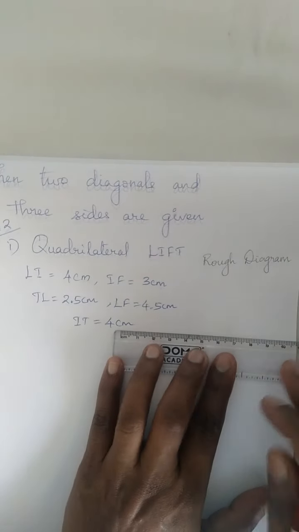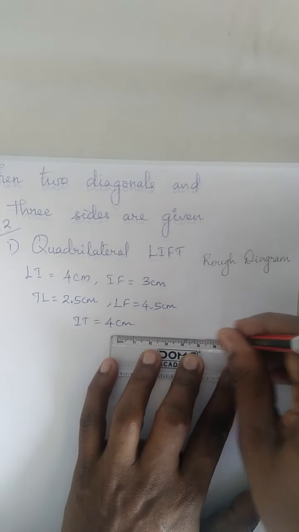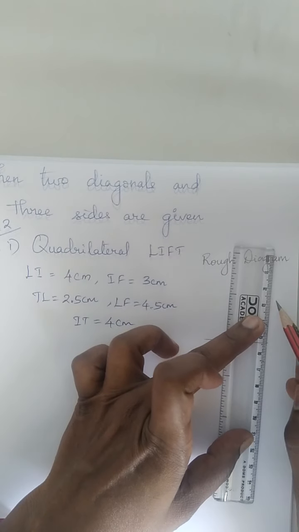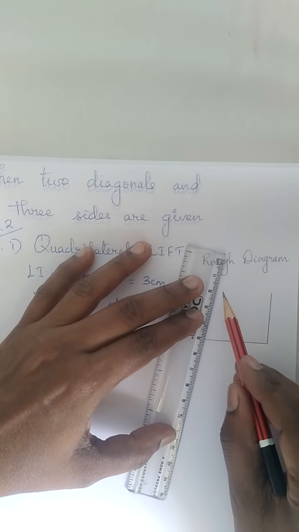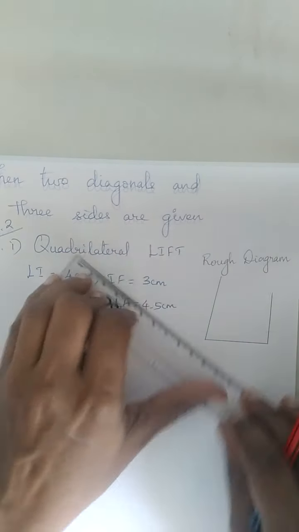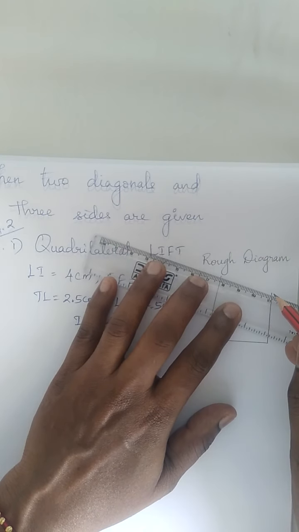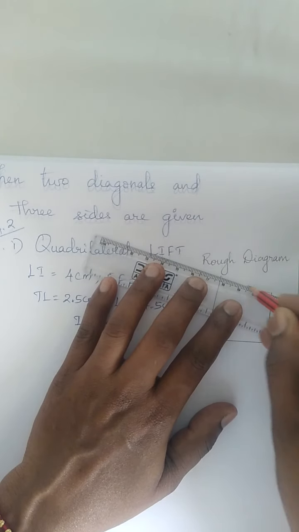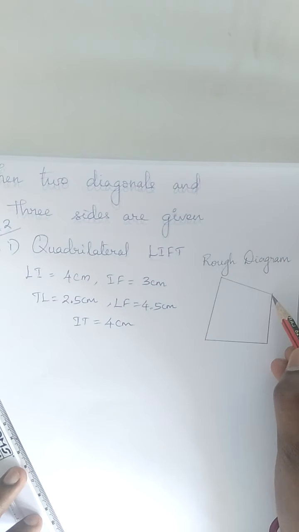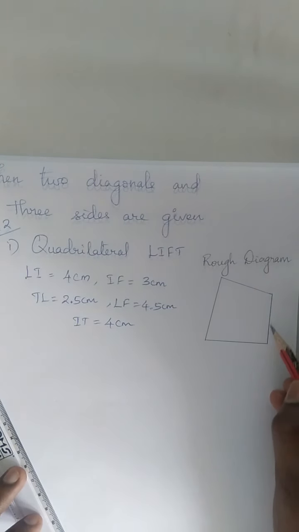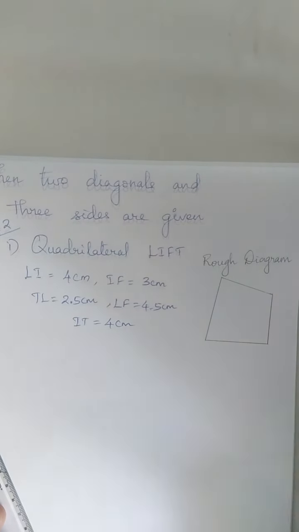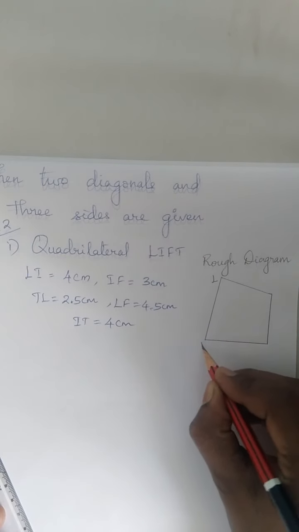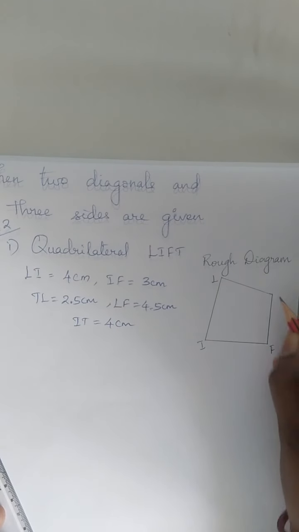Since it is a quadrilateral, let's draw a rough quadrilateral. Okay, and let's name the quadrilateral LIFT.